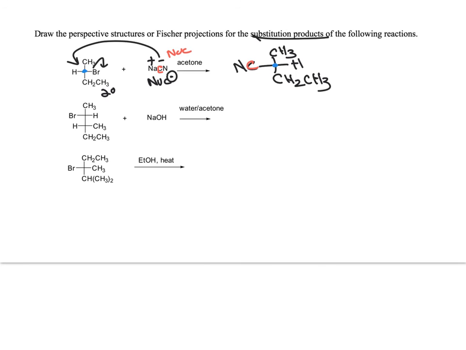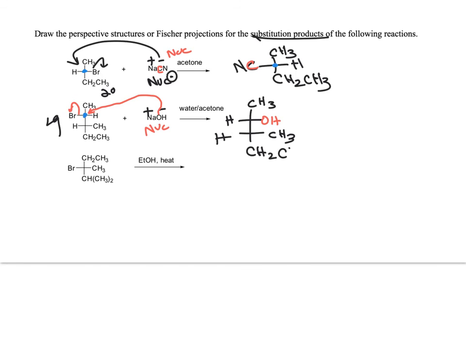You get inversion of stereochemistry. Here we have a strong nucleophile again, and so this is your nucleophile. This is your electrophilic carbon. So the nucleophile oxygen is going to attack that carbon, and the bromine is your leaving group. And you're going to get inversion of stereochemistry. So the hydrogen goes here, the OH goes here. Nothing else is touched, so you just copy that down.